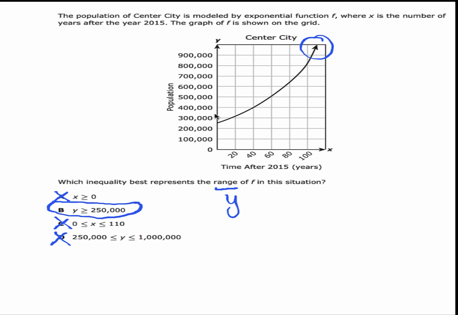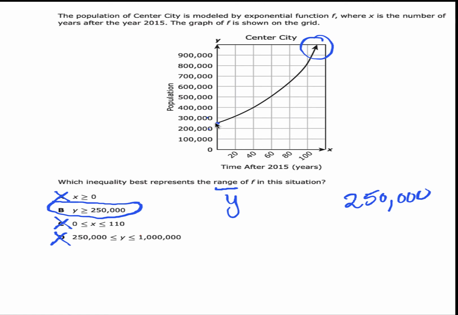So again, we want the range. Here's where we're starting. Notice this is on the y-axis. This value is between 200,000 and 300,000. It looks like it's in the middle, so you're starting at 250,000. Notice your line is increasing.